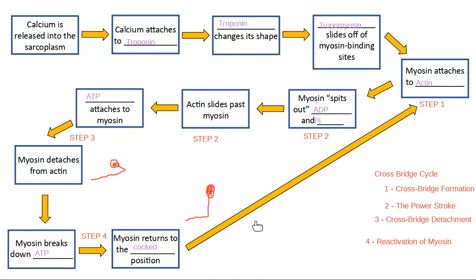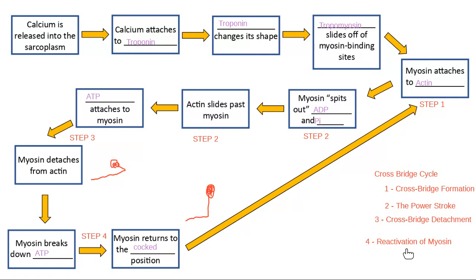So the last step, cocking the myosin head, reactivation of the myosin head, gets me ready to go back to step 1. Gets me ready to make a new cross bridge so that I can do more movement, so that I can let go again, so that I can get ready to do it all again.